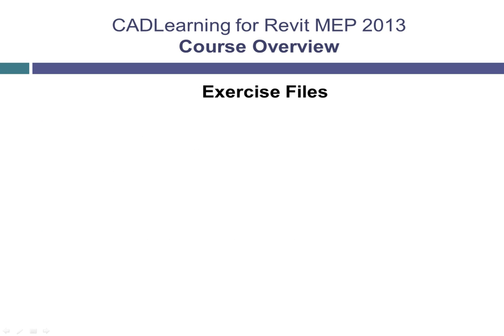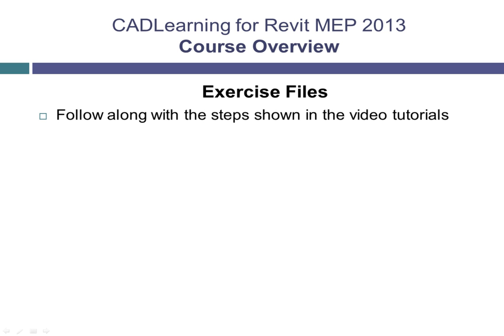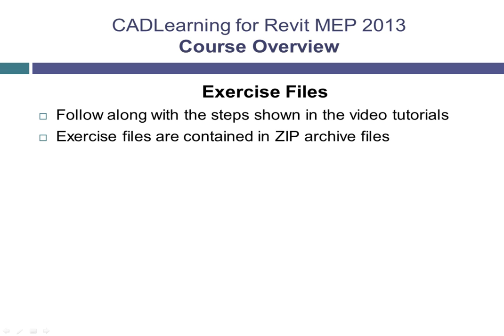As I also said, the course includes the actual exercise files that are used in the various lessons. If you already have a copy of Revit MEP, you can open these files and follow along with the video tutorials. The exercise files are contained in zip archive files.